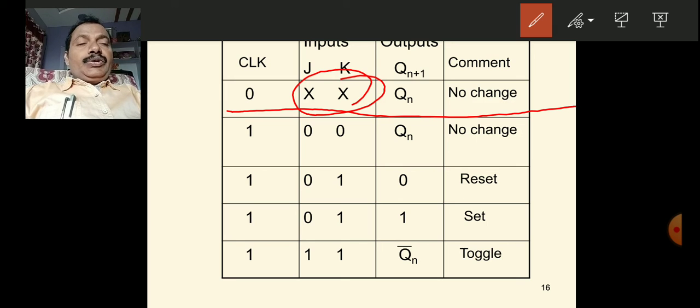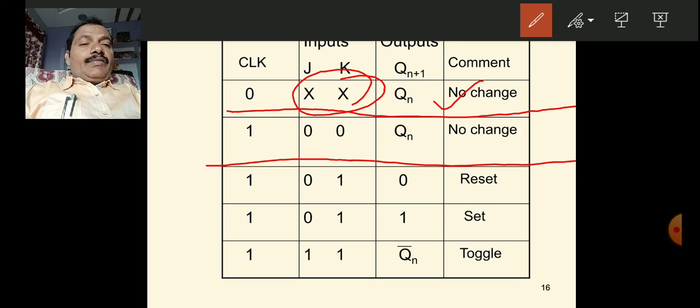That means Qn plus 1, the current state value, is Qn only. Similarly, when clock is 1 and J is 0, K is 0, then the flip-flop acts as memory. That is Qn plus 1 is Qn. It does not change its previous value.